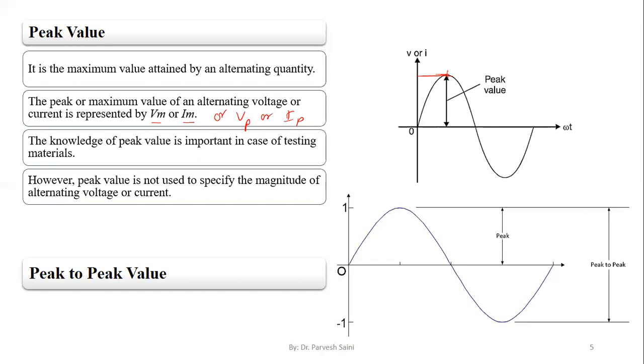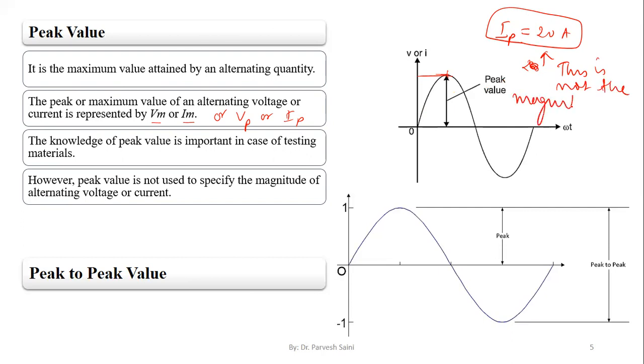If the peak value of some alternating current is 20 ampere, we will not say that this is the magnitude of the AC. This is the peak value, but this is not the magnitude of the AC.